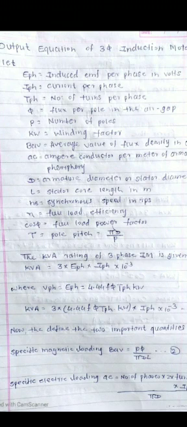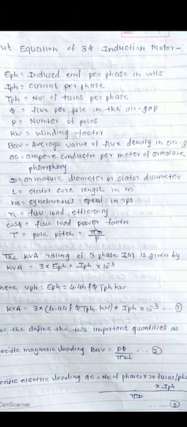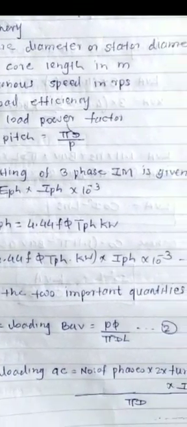Specific magnetic loading B average is equal to P phi divided by pi D L. Call this equation number 2.